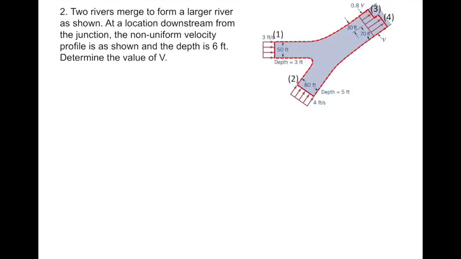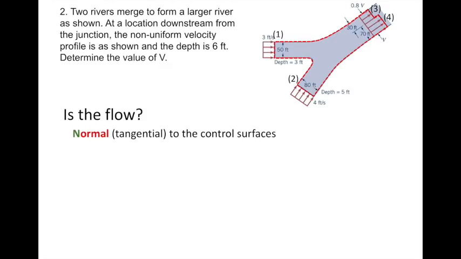Okay, so let's go through our assumptions now. Is the flow normal to the control surfaces? Yep, it's all flowing right in and flowing right out. Is it uniform? No, not really. Not across the entire outflow. But again, I've gotten a little bit clever here in terms of how I've represented that outflow.